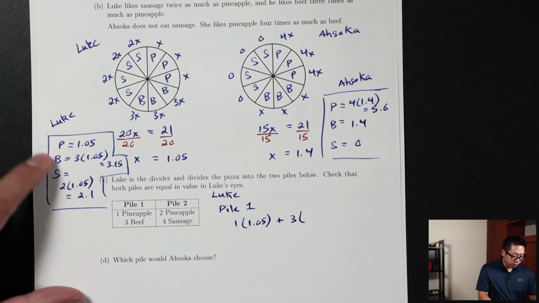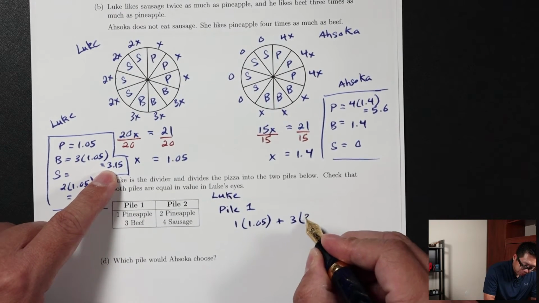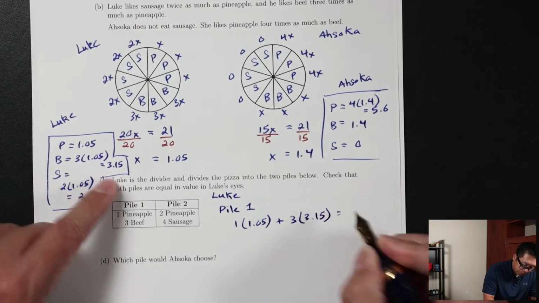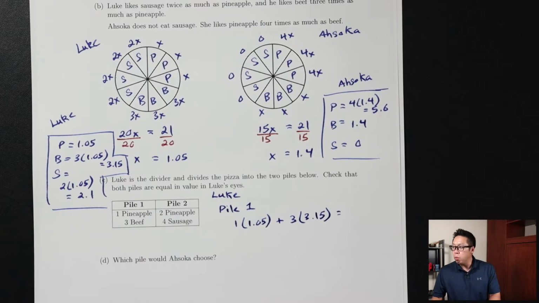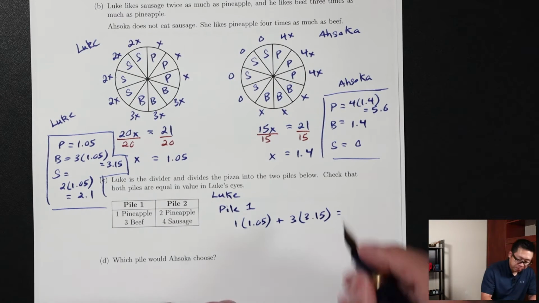Luke's value of beef is 3.15. Okay, so let's do this on the calculator. 1 times 1.05 plus 3 times 3.15 is 10.5.